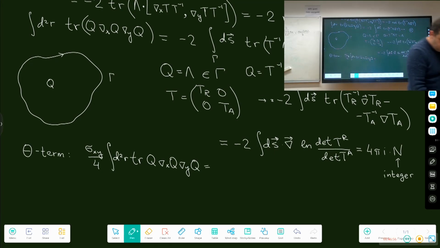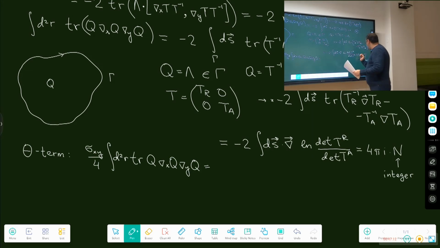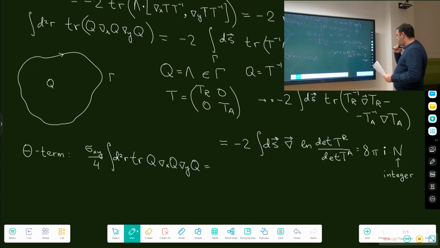Something is missing. I'm sorry, this is wrong. This should not be 4 pi, this should be 8 pi i n. At least it's written in my notes, but this is 8.